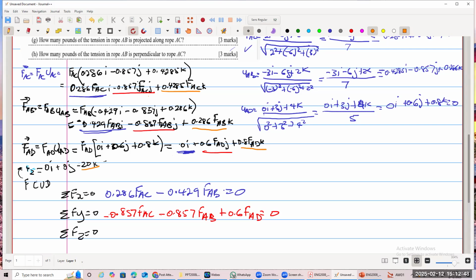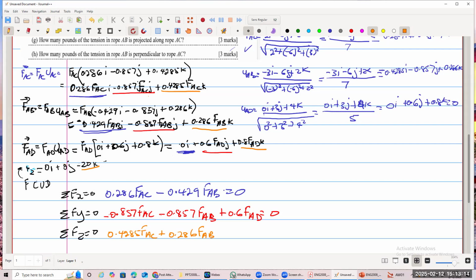Alright, so this one is going to be 0.4285 FAC. Then the second one would be plus 0.286 FAB.